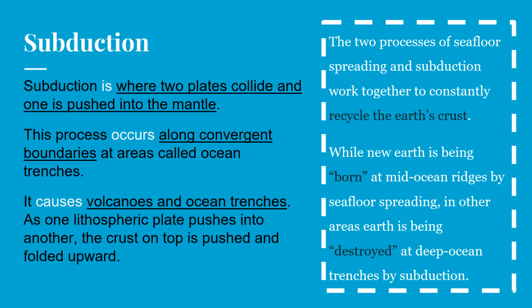So these two processes together are constantly recycling the Earth's crust. Mid-ocean ridge is where new crust is made or born, and at the subduction zone, it's where the older crust is destroyed, or it goes to die, and it goes back into the mantle, and it melts down.